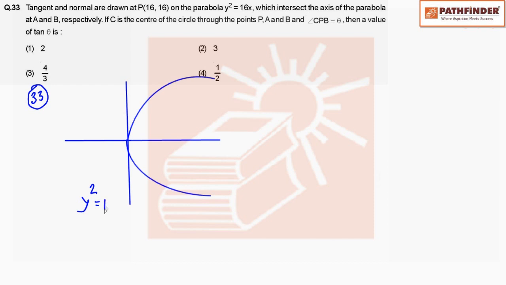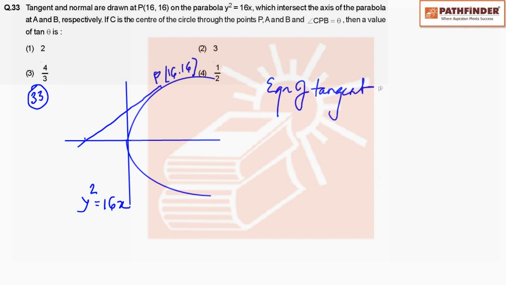Now in this case, the equation of tangent at P is x minus 2y plus 16 equal to 0.